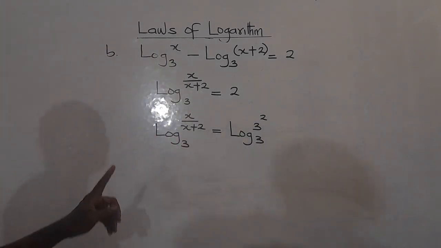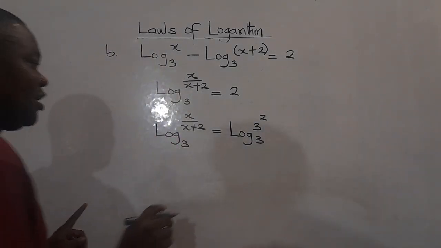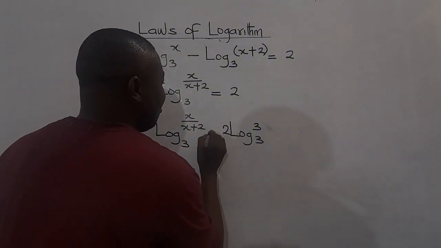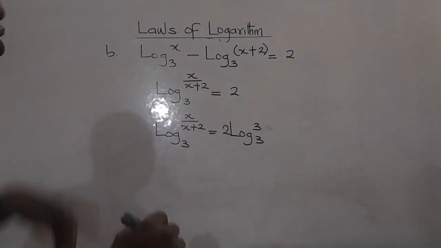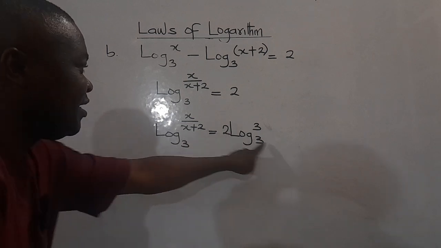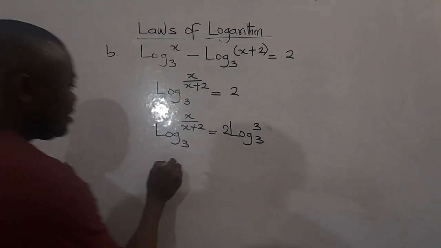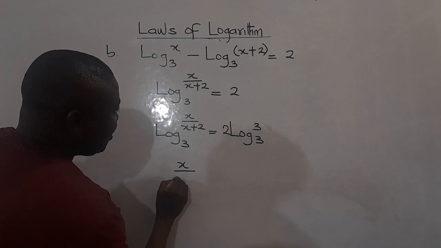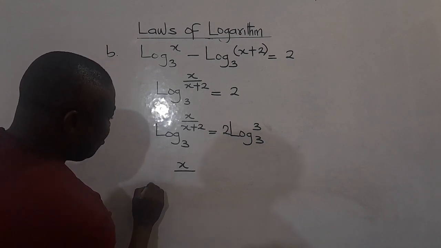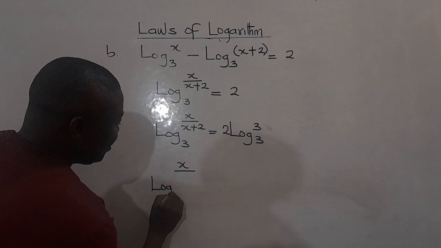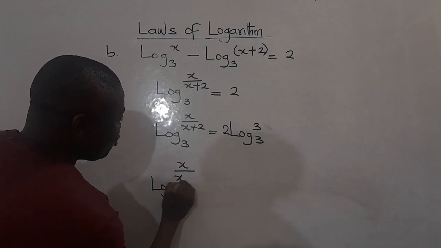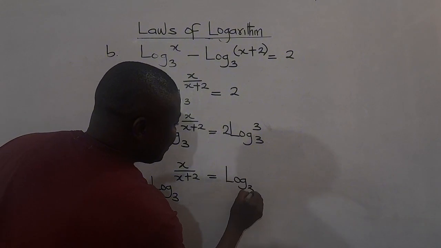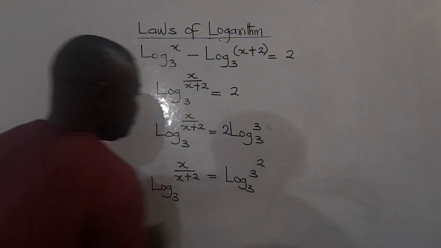Now, if you look at this, I can say this is 2 times 2. Let me use this one because we know log 3 base 3 is 1 and we're using log base 3, so they can fit. So this is log x over x plus 2 equal to log base 3 power 2.